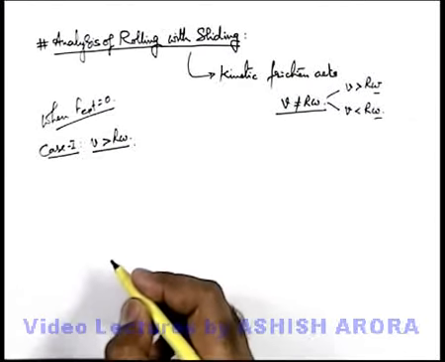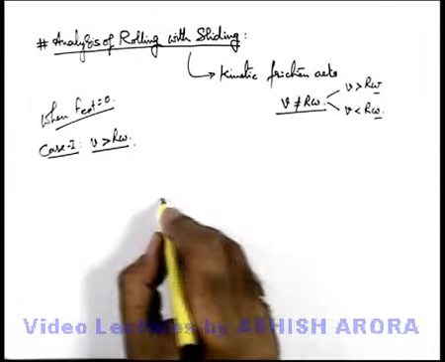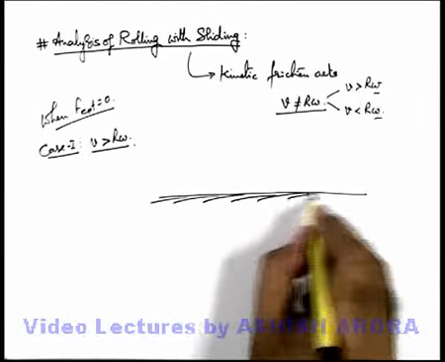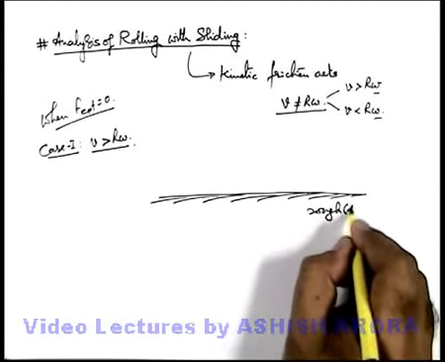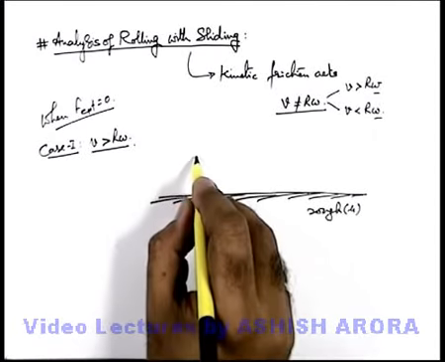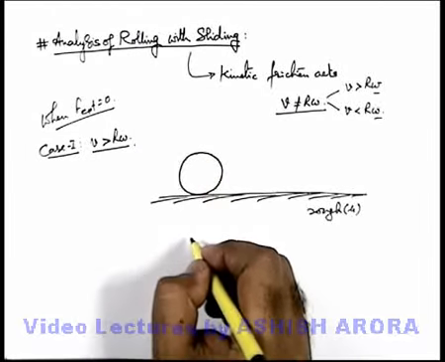So let's see how we can analyze the situation, and let's handle a simple problem in a specified manner. Like there's a rough surface with the coefficient of friction mu, and a body is placed on this rough surface.